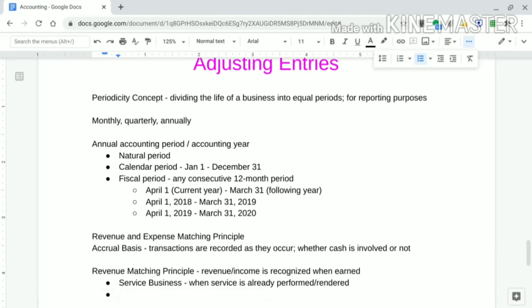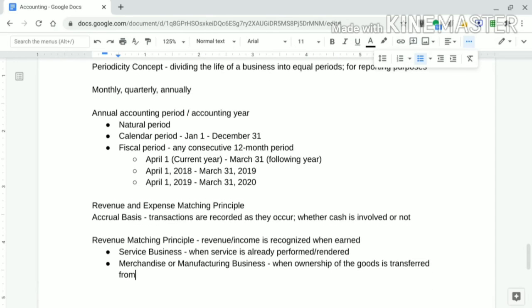So, if you are a merchandise or manufacturing business, okay, yung income or revenue is earned when the goods or ownership of the goods is already transferred from the buyer to the seller.